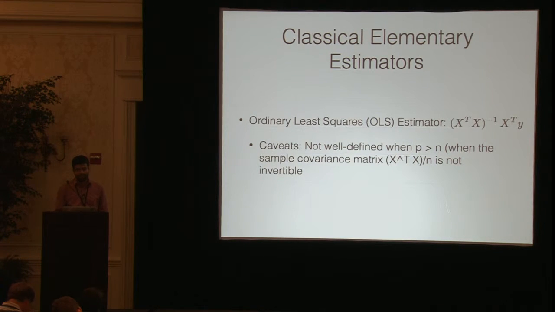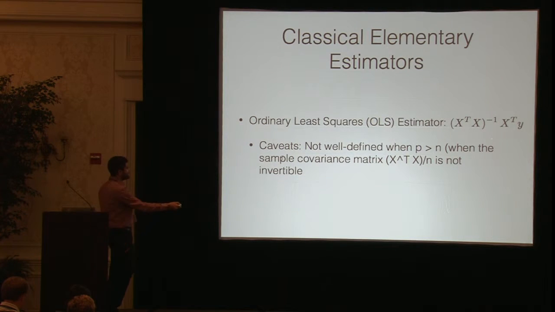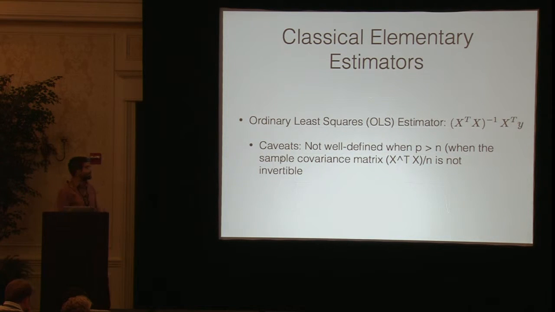So let's revisit some of the classical elementary estimators. We already looked at the OLS, which is solving this linear system. And as I just mentioned, it's not well defined when p is greater than n. Because the coefficient matrix of the linear system involves the sample covariance matrix, x transpose x, and that's not invertible. It's rank deficient.